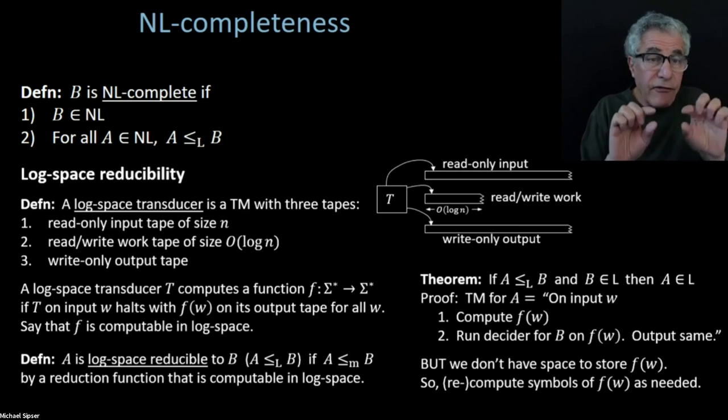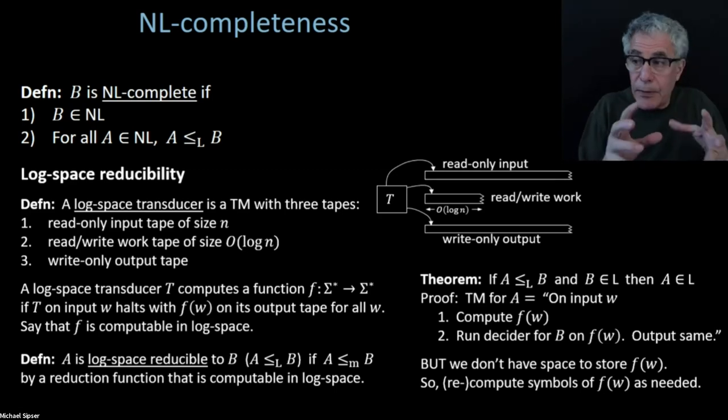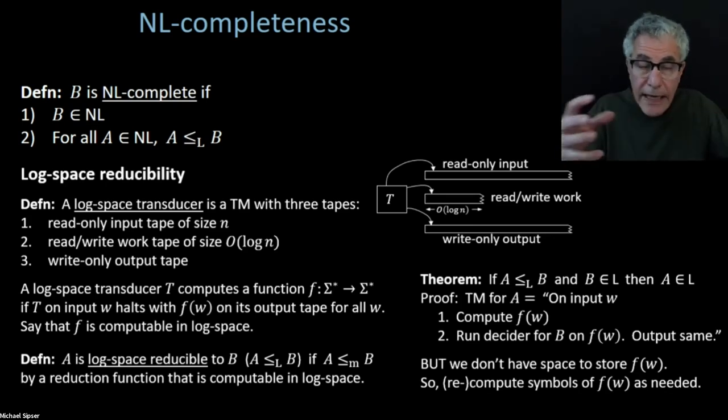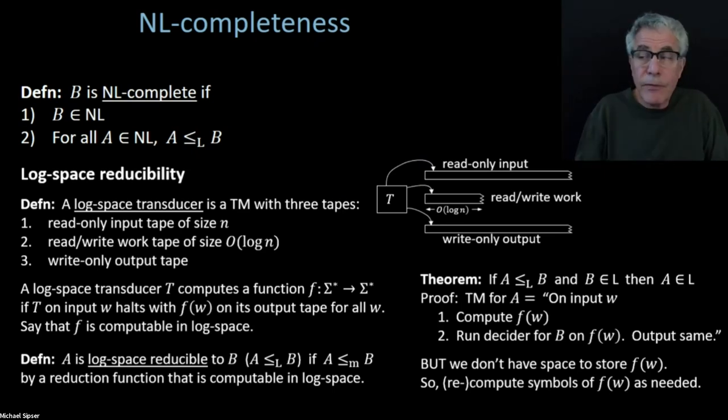That input is going to be f of w. But we have to get the effect of that without actually writing down that input tape, because we don't have enough room to write down the input tape for the B decider, because that could be very large, and we have no place to put the f of w.